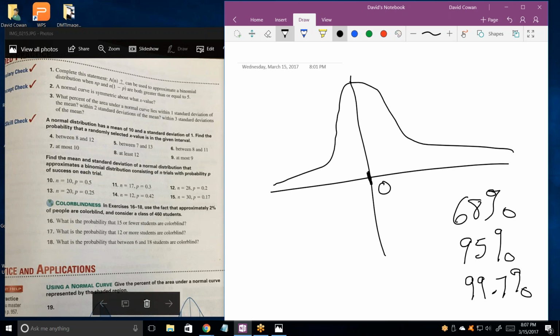And what that means is the following. If you know what standard deviations are, that's the measurement along the x-axis.